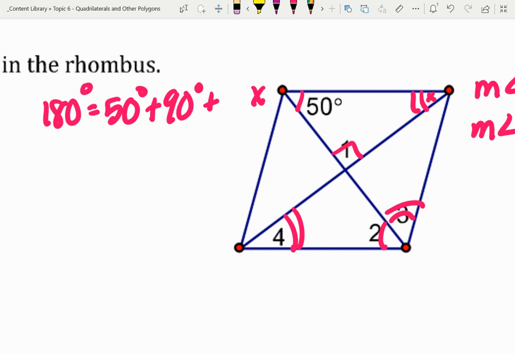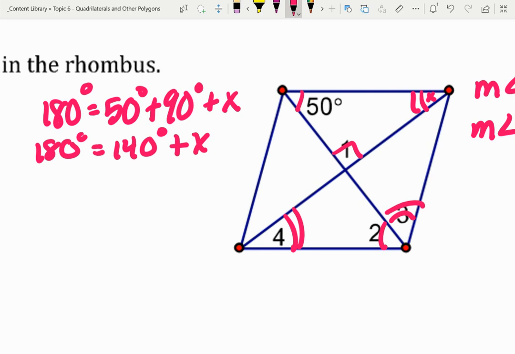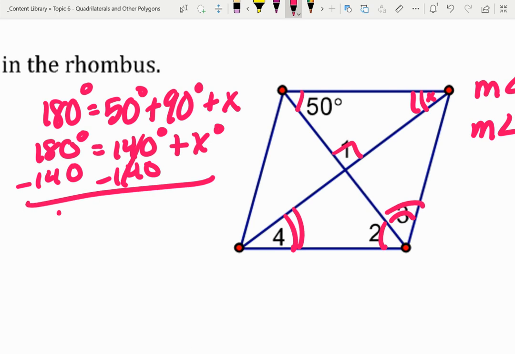Well, 50 plus 90 gives us 140. So we say 180 equals 140 plus x. We subtract 140. And we get 40 equals x.